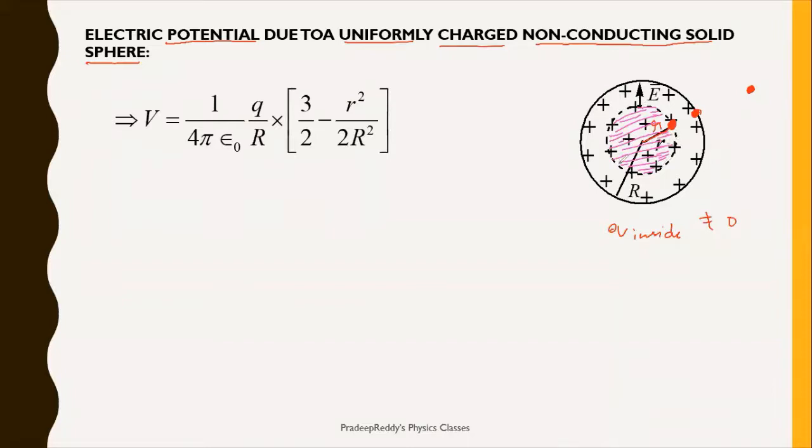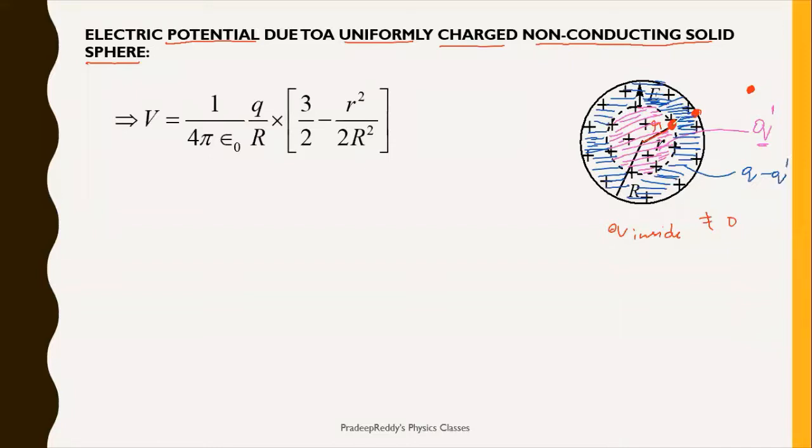Now because of this small r separation, it may have some charge q dash. So till the point where we are calculating the electric potential inside, effective separation is r and that has charge q dash. And not only that, there is another region also. See, this is another region. Because potential is a scalar quantity, this has charge Q minus q dash.